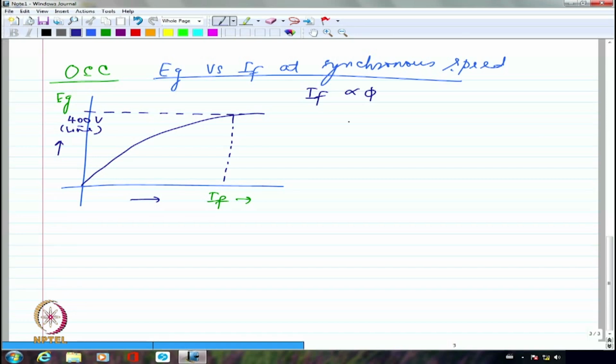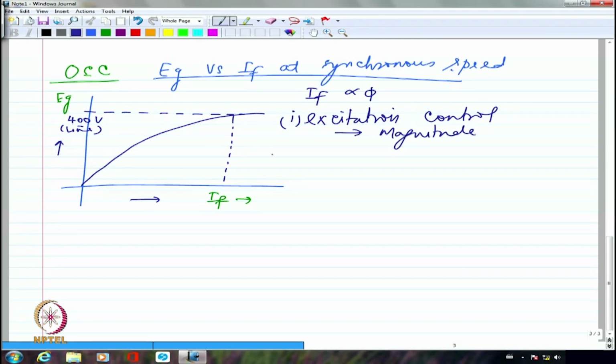So what I'm trying to get at is that the voltage magnitude can definitely be adjusted by adjusting the field current, and frequency can be adjusted by adjusting the speed. So I have two specific controls in the generator. One is excitation control, which will play around with the magnitude of voltage.